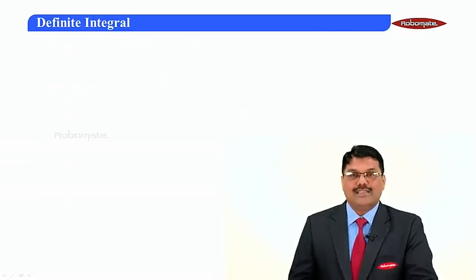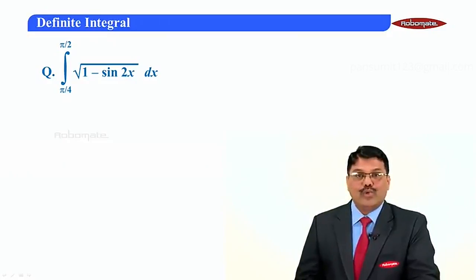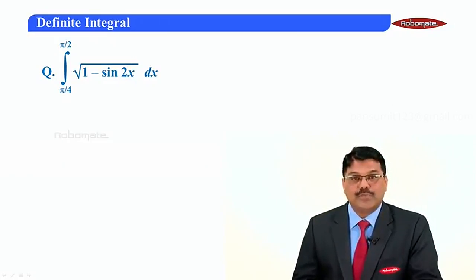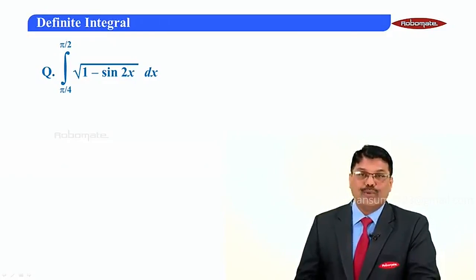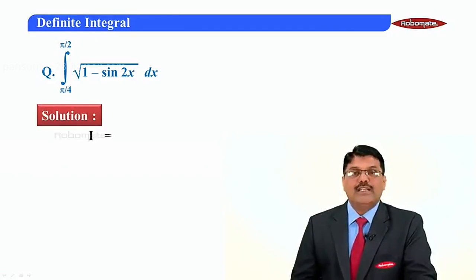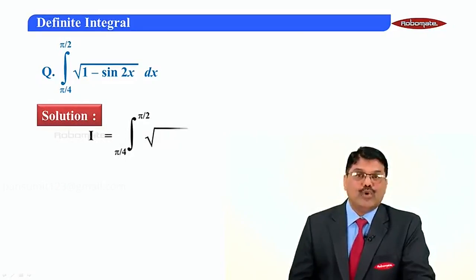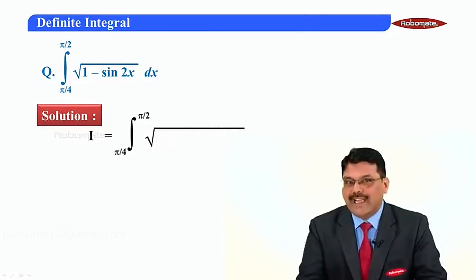Now let's see the next question: integration of root of 1 minus sine 2x with respect to x from pi by 4 to pi by 2. Now see the solution. The given integration I goes from pi by 4 to pi by 2 of root of 1 minus sine 2x.